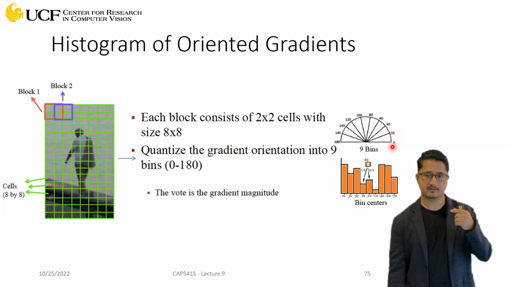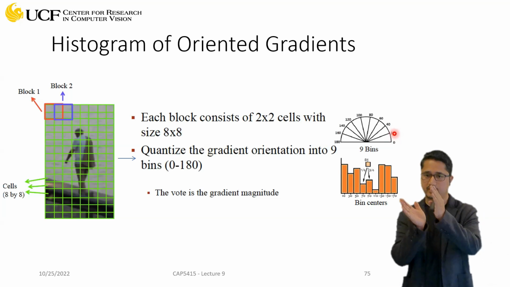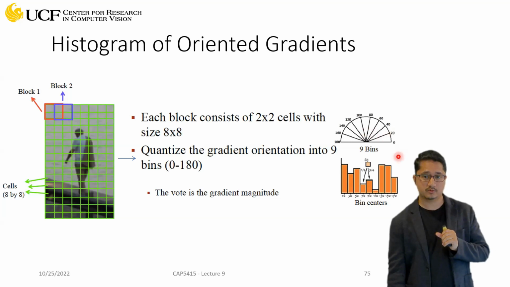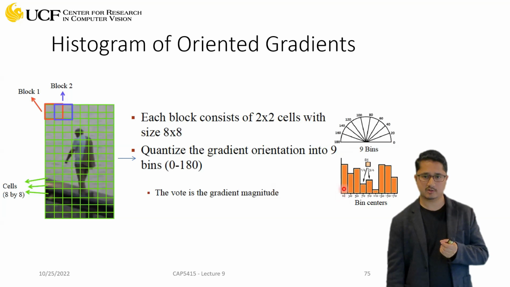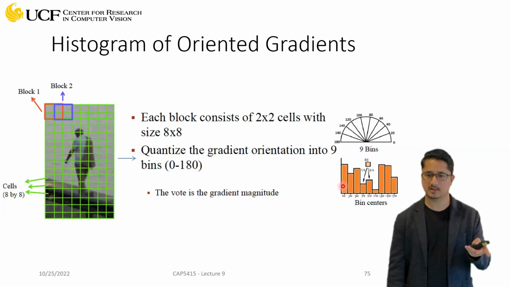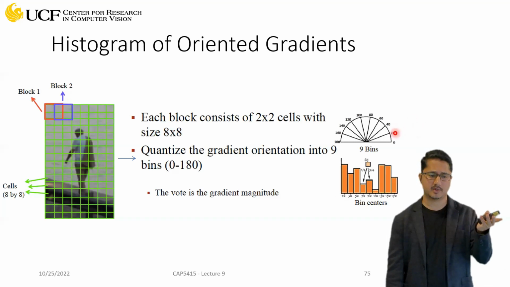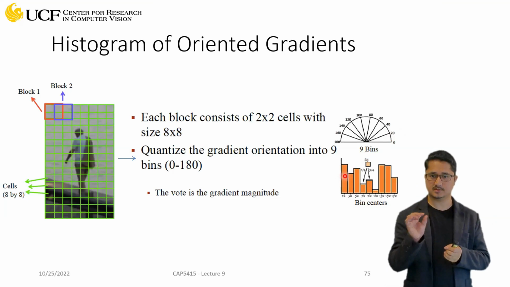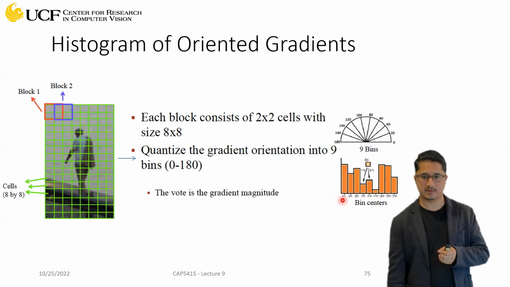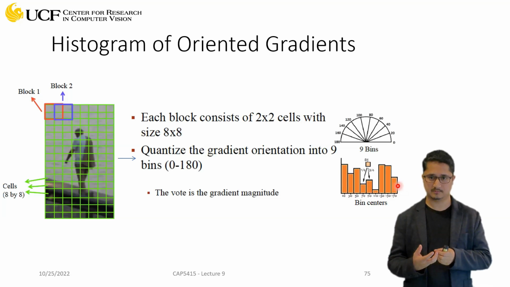It's 10 degrees away from 0, and it's also 10 degrees away from 20, and 0 and 20 are the boundaries of this bin. So if the magnitude of that pixel is, let's say 20, you will just add 20 to this particular bin. And if you have another pixel which has orientation 10 and magnitude 50, you just add 50 again. Okay, so these are special cases where the orientation is exactly at the center of the bin. But in reality, that won't happen.